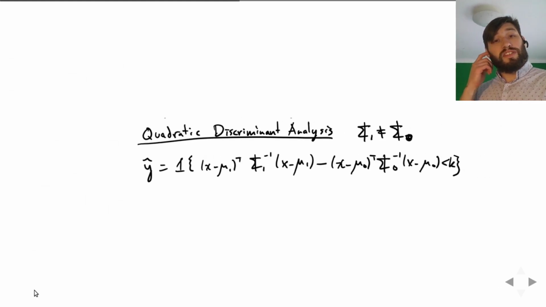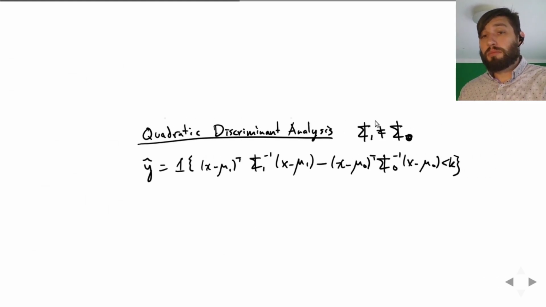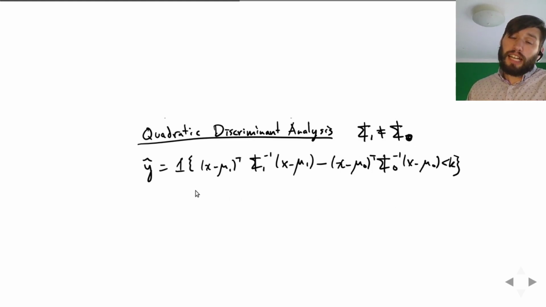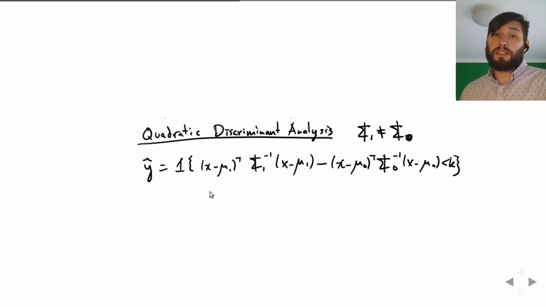So one easy fix is to, instead of assuming that sigma 1 is equal to sigma 0, just let them not be equal. We know how to estimate covariances, so we could estimate them separately instead of having a pooled estimate. Now the story is a little more complicated here. Our y hat is going to be the indicator that this quadratic form minus the other quadratic form for the 0 class is less than some kappa, just like before.